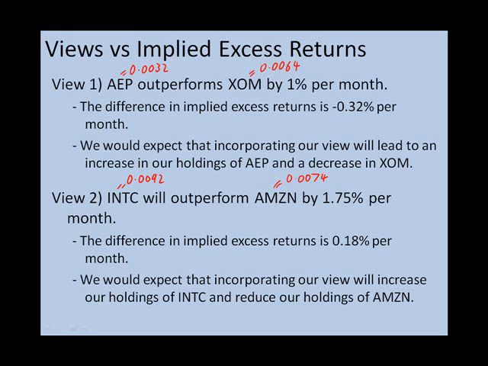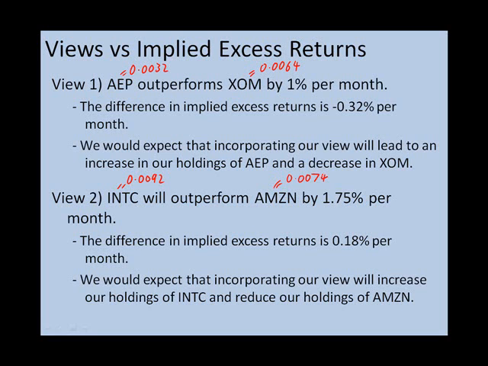That's the market view. But our view is much stronger. We think the outperformance is not going to be 0.2% per month, but rather 1.75% per month. So once again, we would hope that our holdings of Intel will increase and that we will reduce our holdings of Amazon when we incorporate our views.